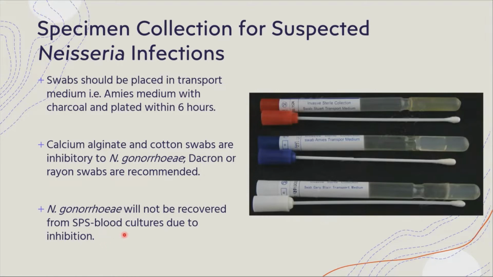So although SPS generally does not inhibit most of our non-fastidious organisms, it inhibits the fastidious ones. That's why if septicemia with Neisseria gonorrhoeae is suspected, we should not use SPS.